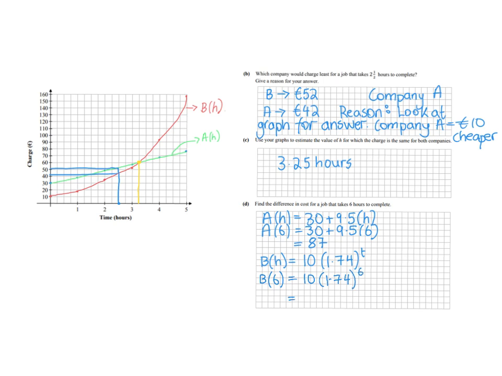Typing that into your calculator, you're going to get an answer of 277.5207, that correct to the nearest cent is 277.52. To get the difference then, you just get the bigger number and you take away the smaller number.